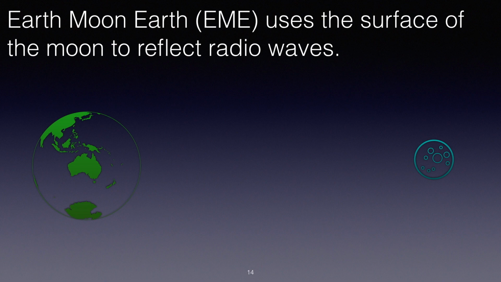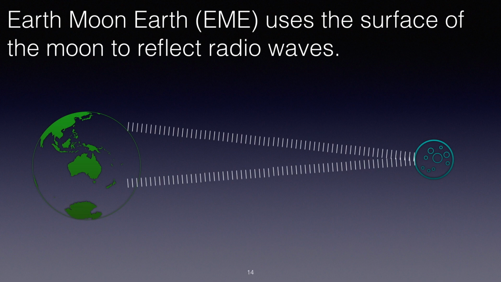So some amateurs are very keen on this. It requires quite high powers and high gain antennas, but the signal is sent up and bounced off the moon, and you can achieve quite large distances using Earth's natural satellite. So EME uses the moon to reflect radio waves.